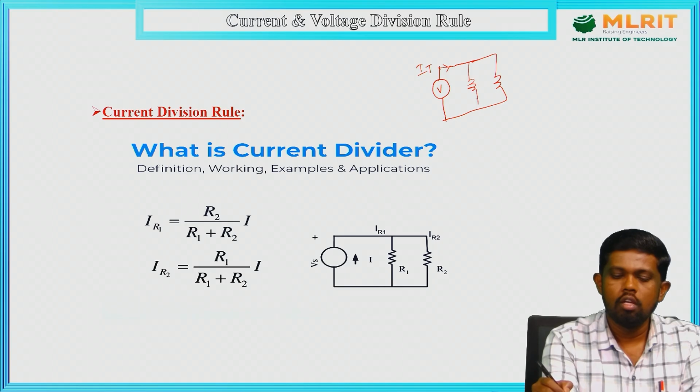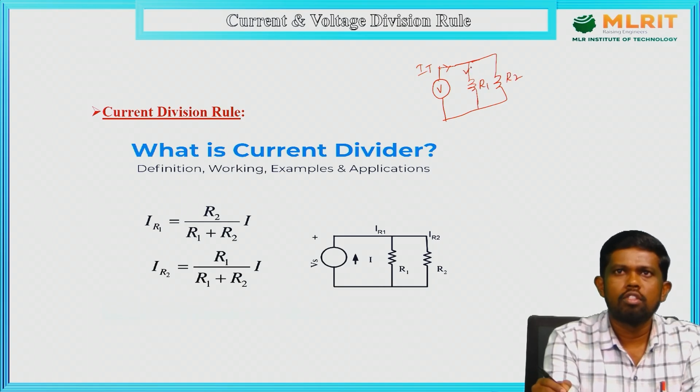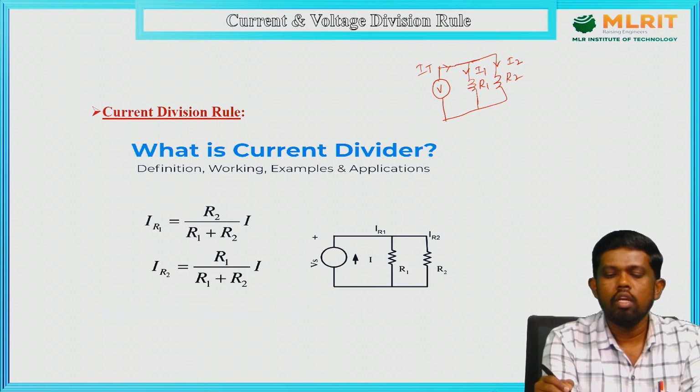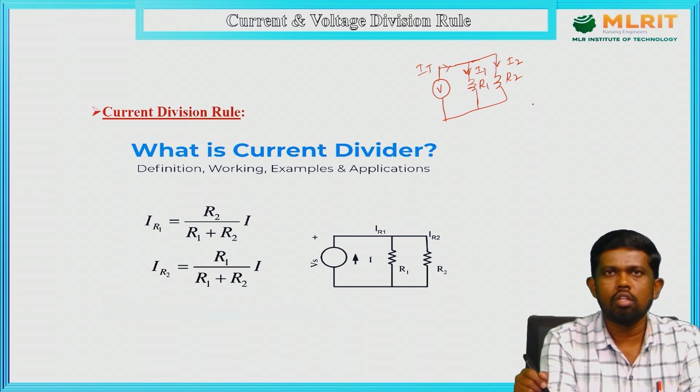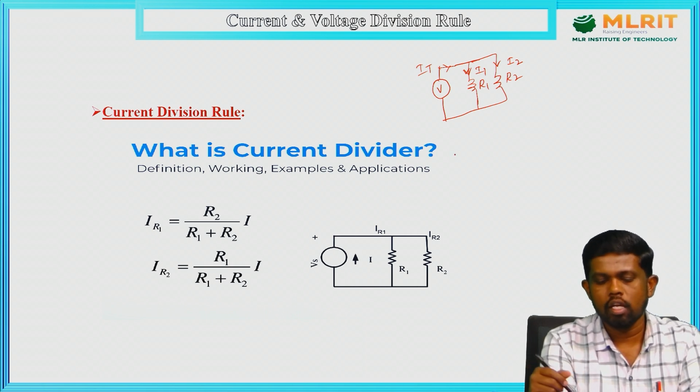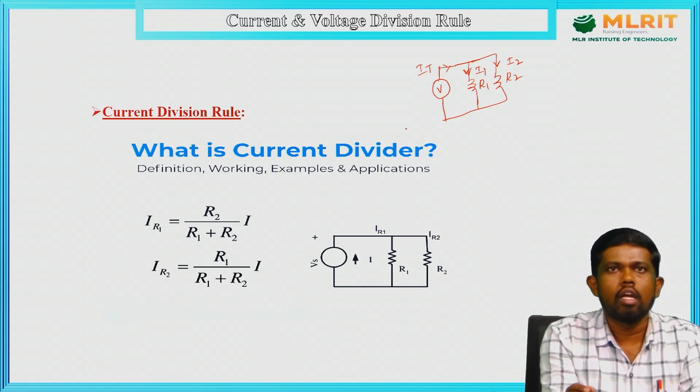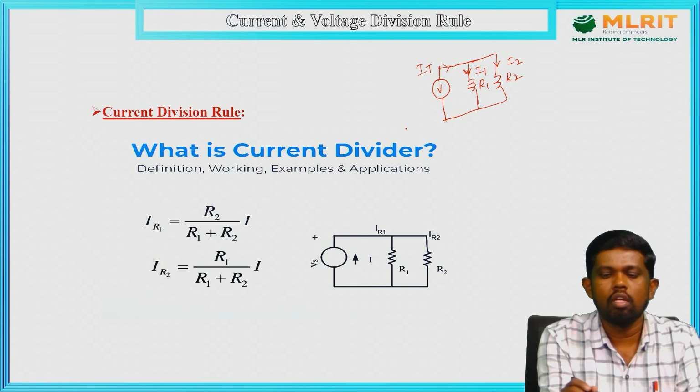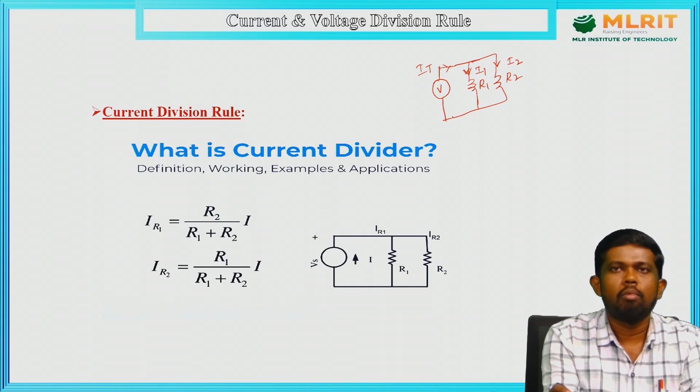The current flowing through the first element is I1, and through the second element is I2. We need to find the current through each resistor using this principle, without using Kirchhoff's laws or Ohm's law. The current division rule is a technique to determine the current through each element when they are in parallel, so it is purely applicable to parallel circuits only.